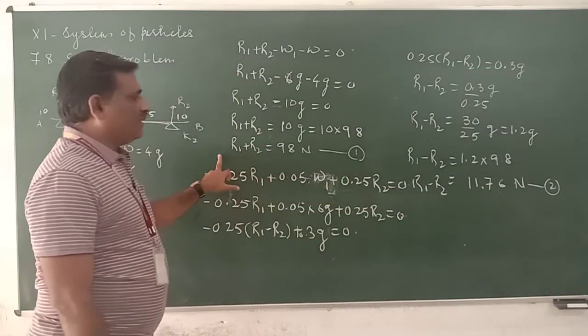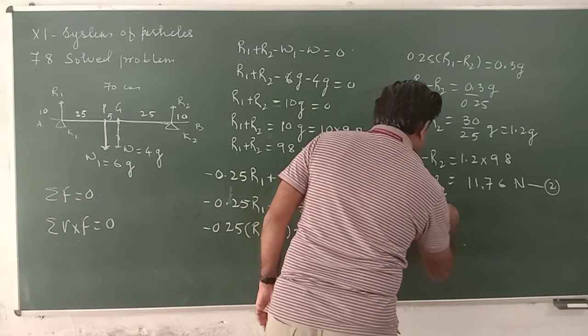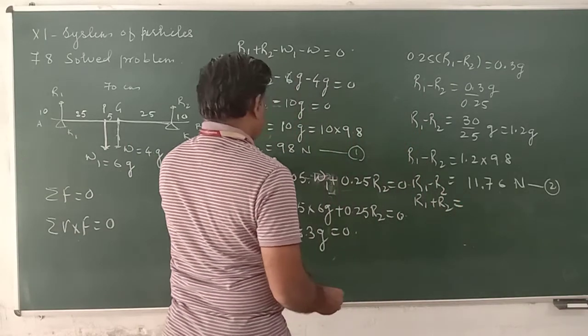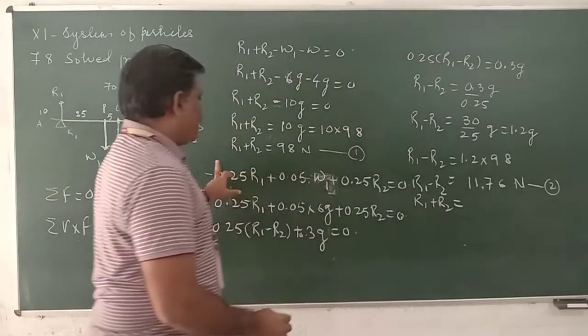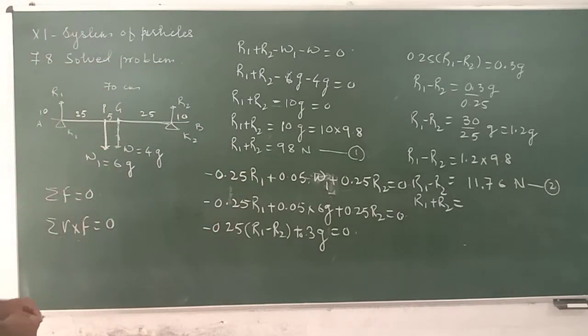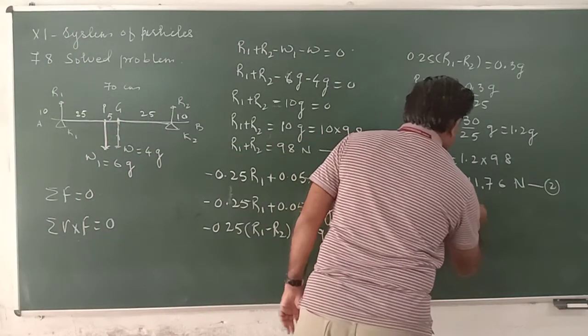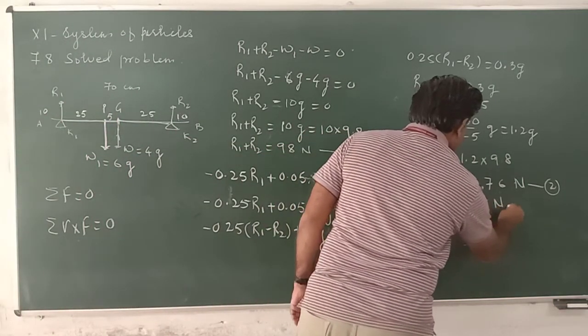There are two variables and two equations, so we can solve them. R1 plus R2 is equal to 98 Newton.